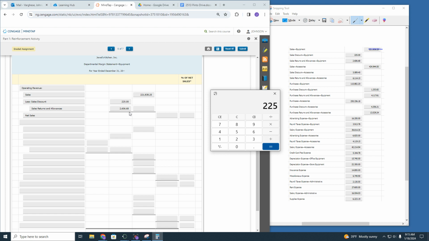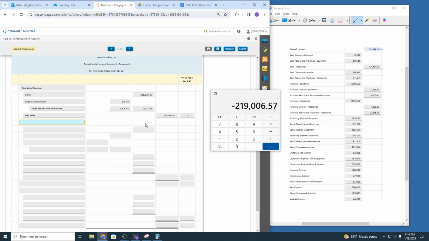So for equipment, it's 2831.68. All right, so then when I take my sales minus the contra accounts, I'll get my net sales. So I have net sales of $219,006.57. So that's going to be 100% of my net sales. Net sales divided by net sales is 100%.